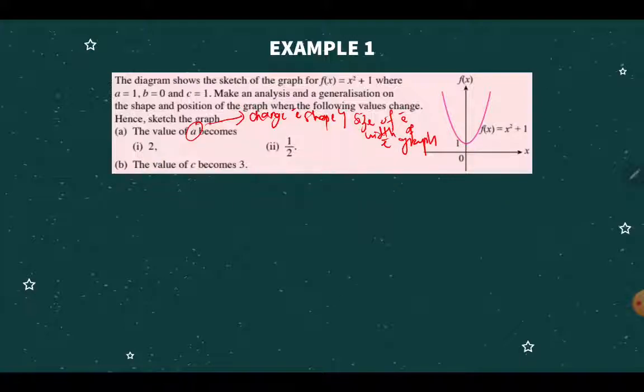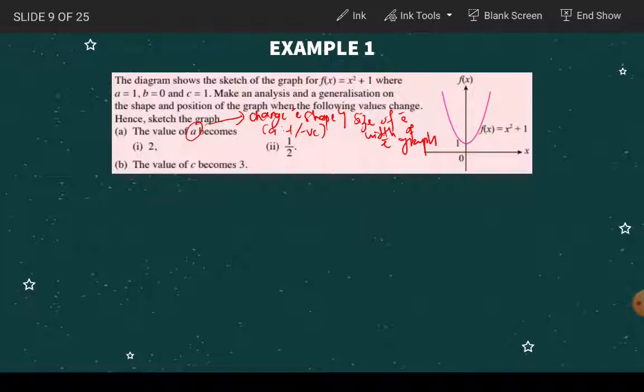When we talk about the shape, look at whether a is positive or negative. For the size, look at the value of a. Our a is 1 now, and it becomes 2.